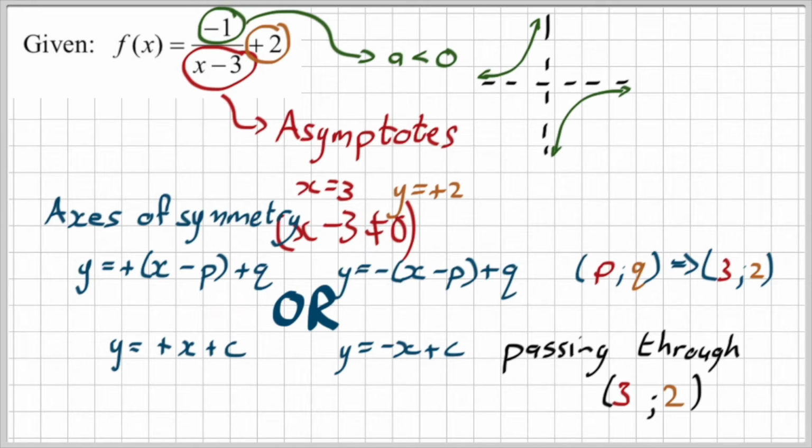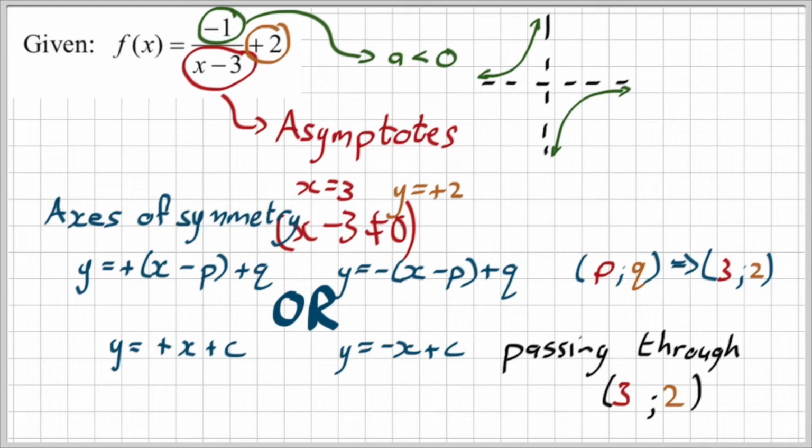Those are my two axes of symmetry, and they pass through the coordinates where the asymptotes cross, so 3, 2. But more about that coming later on.